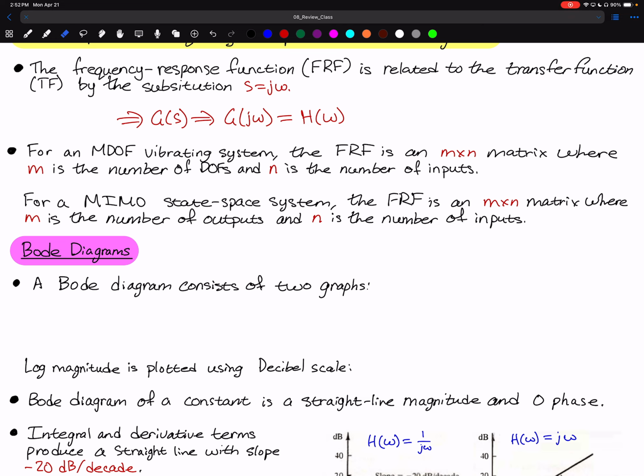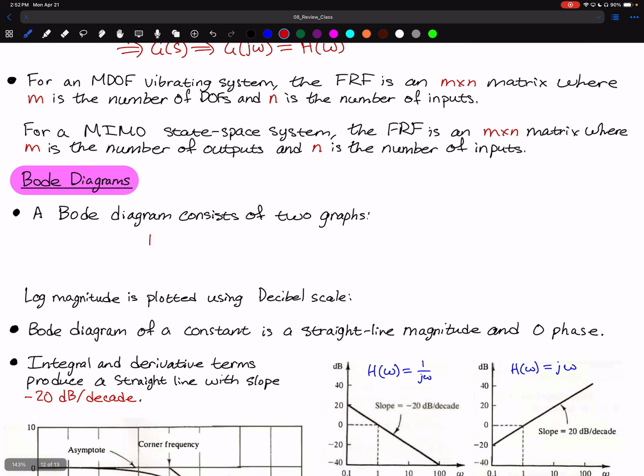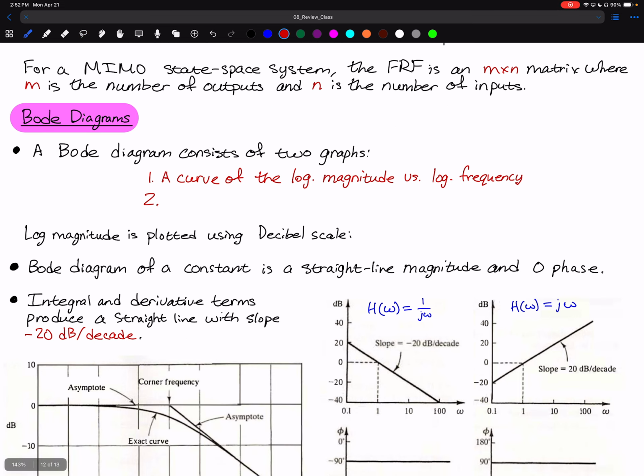And then second, a curve of the phase angle versus the log frequency.